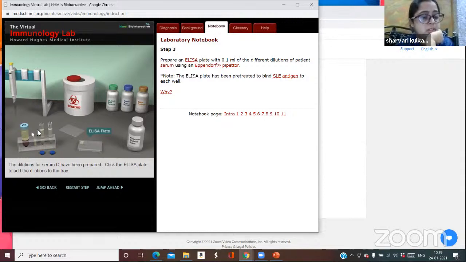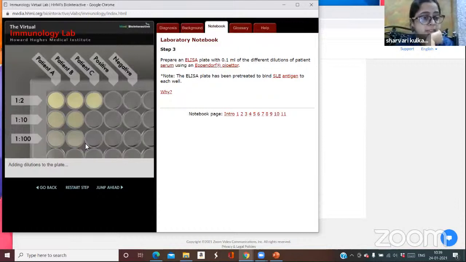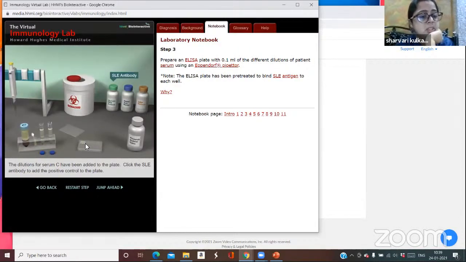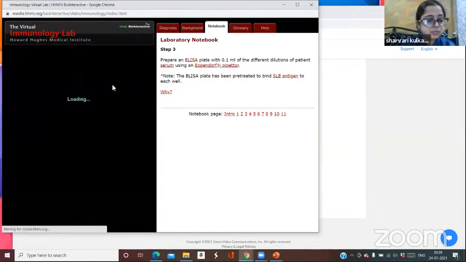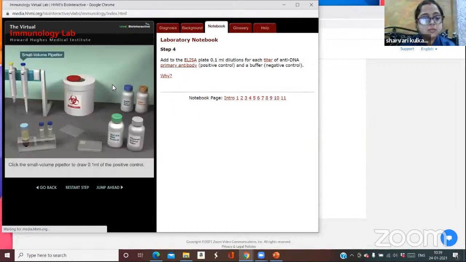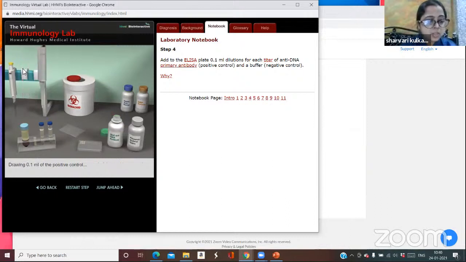Now we will click the Eliza plate to add the dilutions to the tray. Now you are added to A, B and C, right? Now the dilutions of our serum C also have been added. Now we will click on this antibody, okay, SLE antibody, to add positive control to the plate. We will add positive control.